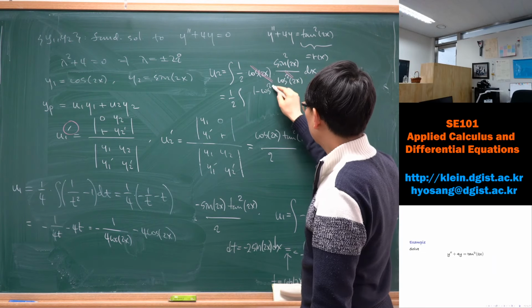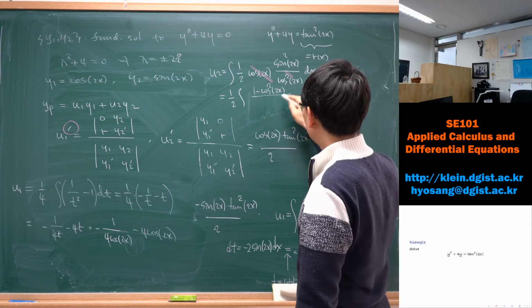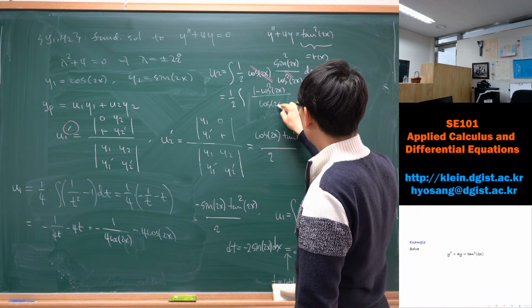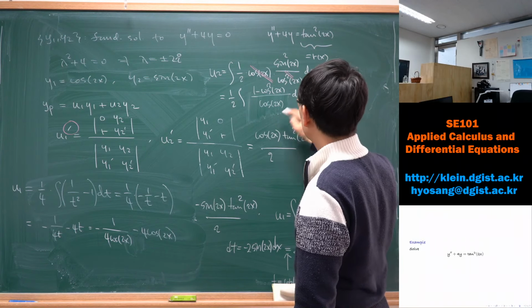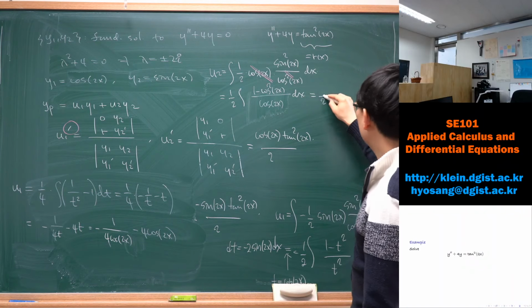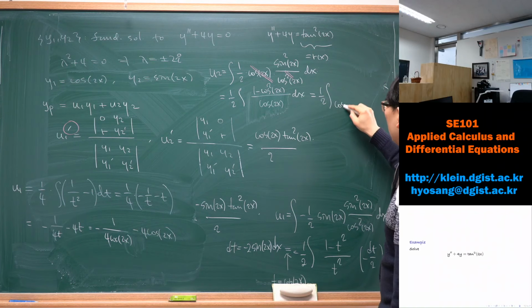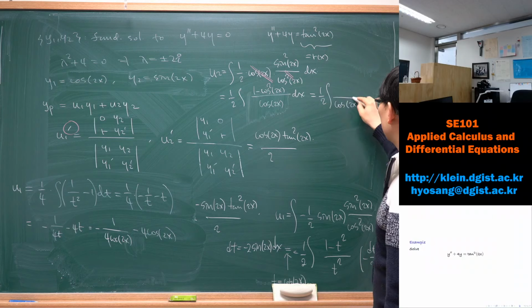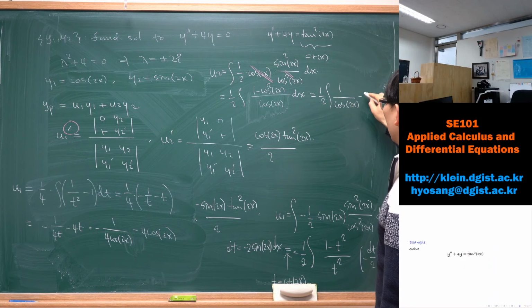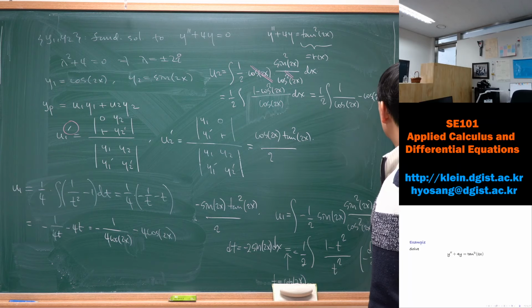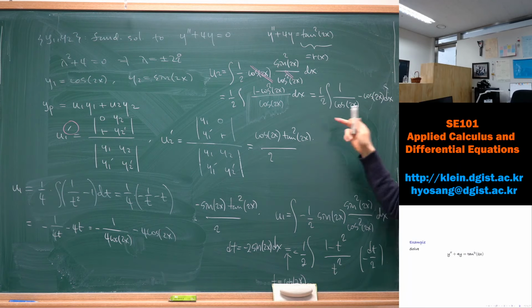Replace sine squared with 1 minus cosine squared, and that becomes 1 over 2 of cosine 2x over 1 minus cosine 2x dx. So this is secant x.